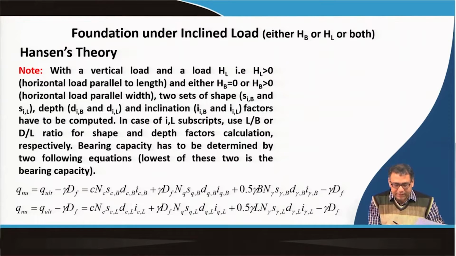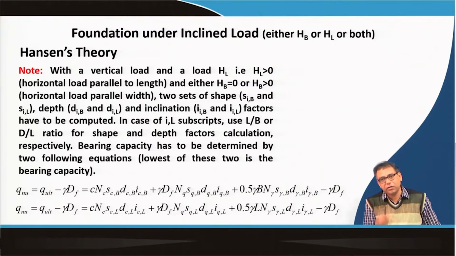But as I mentioned, if I want to use the Hansen theory under inclined load, then only the inclination is not sufficient. We have to know in which direction the horizontal component of the load is acting, whether parallel to L or parallel to B, or horizontal load is acting in both directions along with the vertical load.